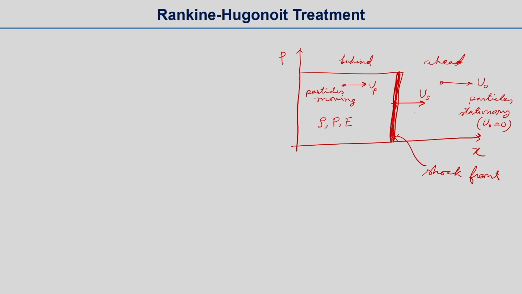On the other side we will have density rho naught, P naught and E naught, because this is the initial state. After the shock wave travels through this region, the density and pressure will change.